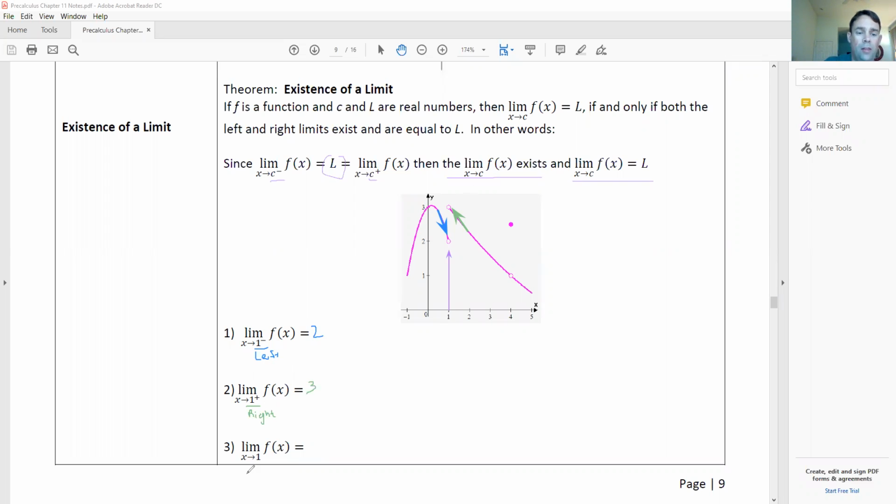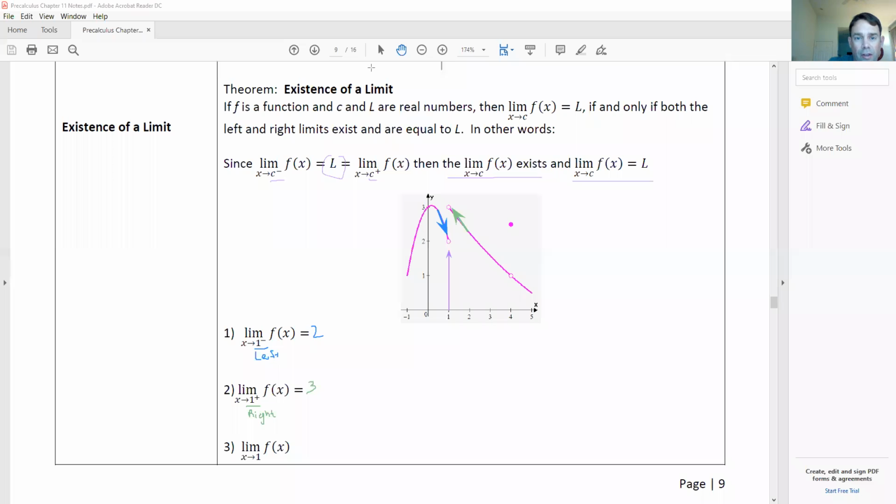Now, in order for my limit to exist, I need to have the same thing on both sides. So I would say here, as far as the limit as x approaches 1, first of all, I'd get rid of that equal sign because it isn't equals.